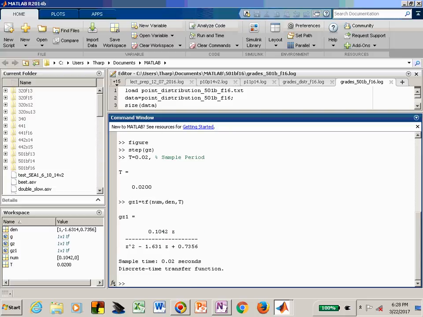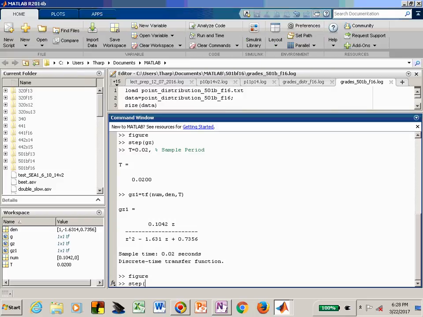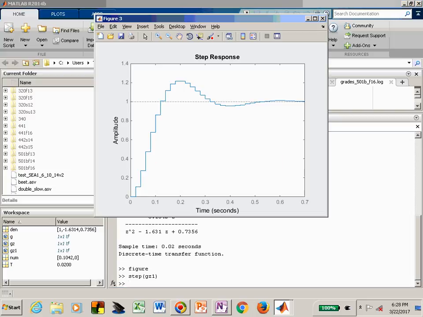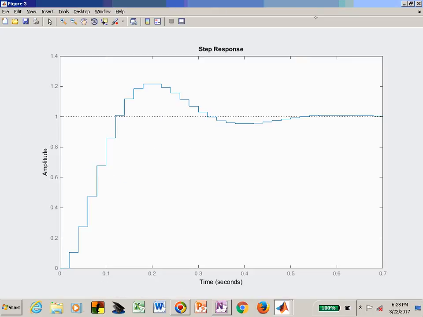And now it says your sample time is 0.02 seconds. If we looked at this particular step response, we would now have this in units of actual seconds. Now the units make sense, and we should be peaking at 200 milliseconds, and we should be settling by 600 milliseconds.